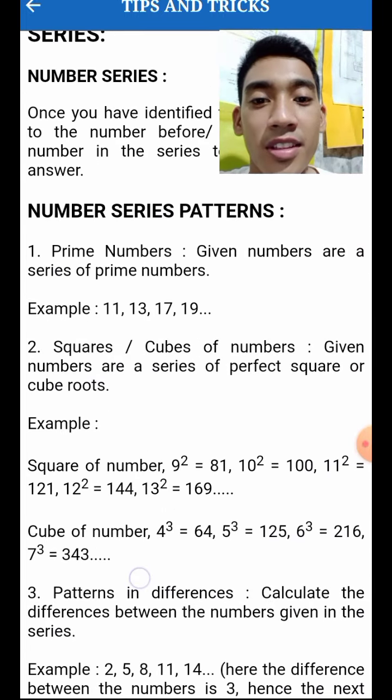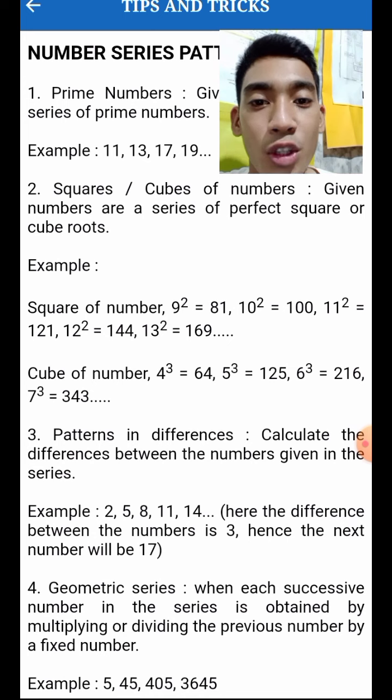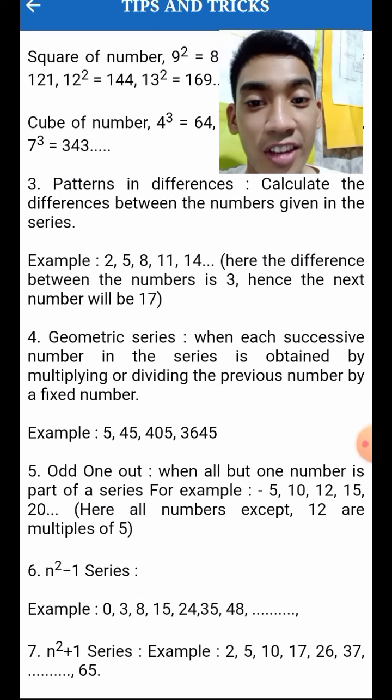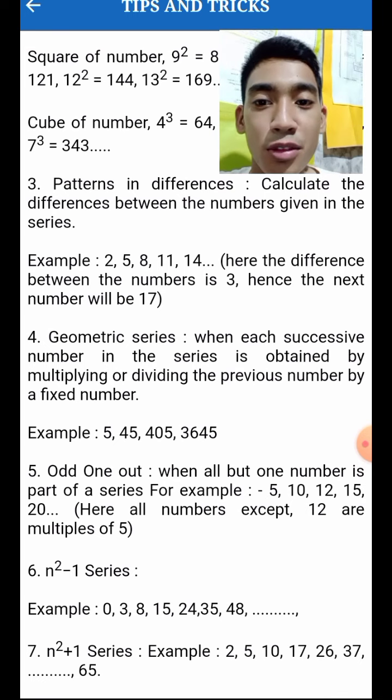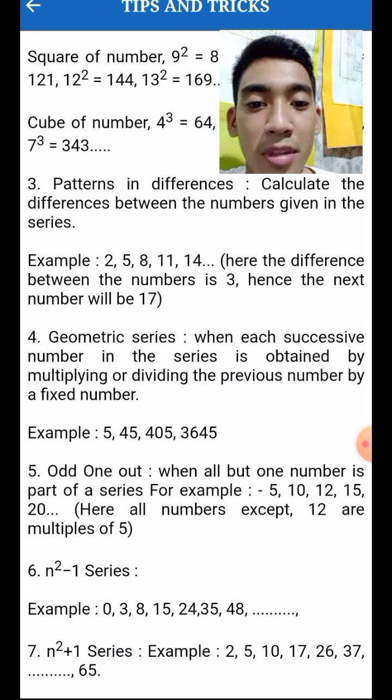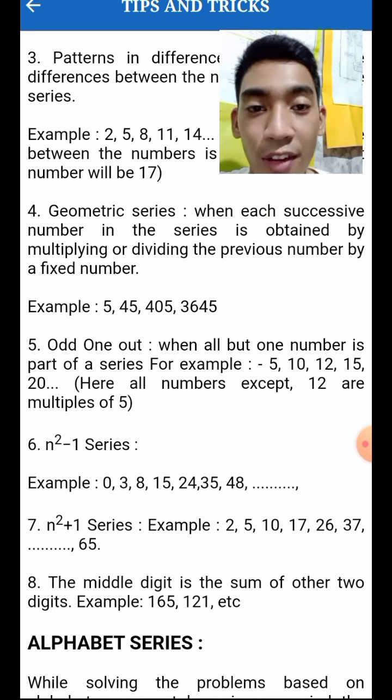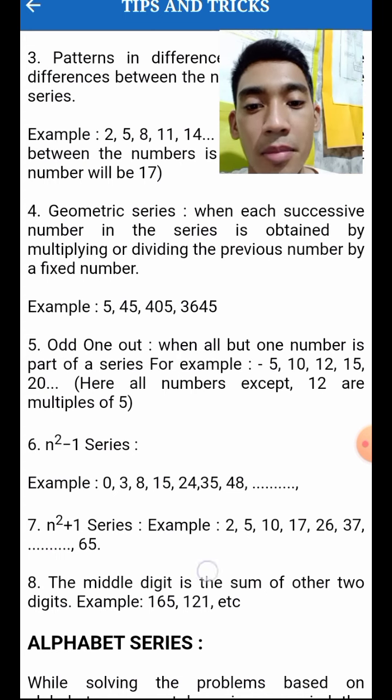Number series patterns: prime numbers, squares and cubes of numbers, patterns in differences, wherein we find the difference between numbers in the series. Geometric sequence, multiplying the previous number by a fixed number to obtain the succeeding number.